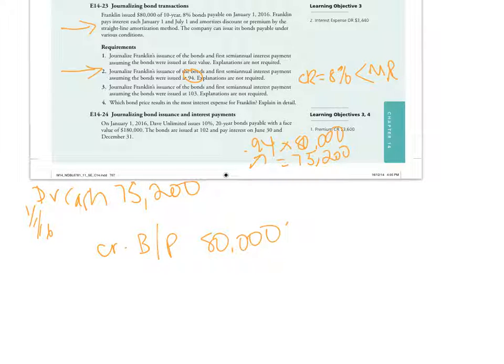Now, why are we selling these bonds at a discount? Well, here's what's going on. The bonds themselves are only going to give the investor 8%. Now, the market is requiring something higher than that. And so the investor has different options to go out in the market and invest their money into something that gives them the most return on their investment.